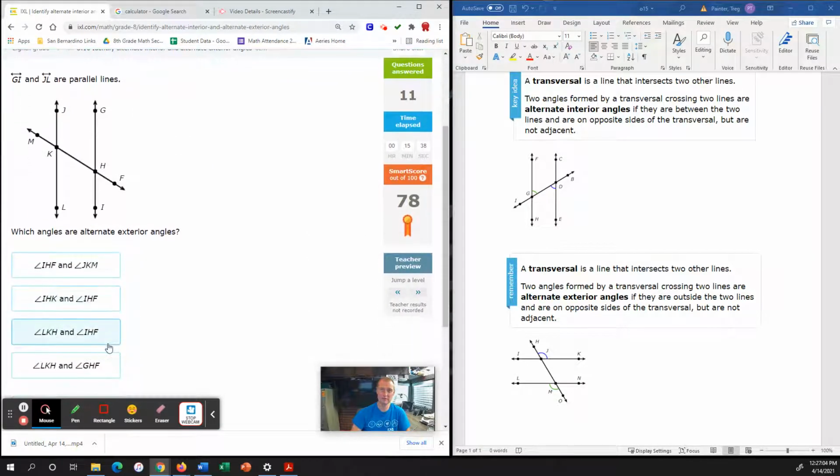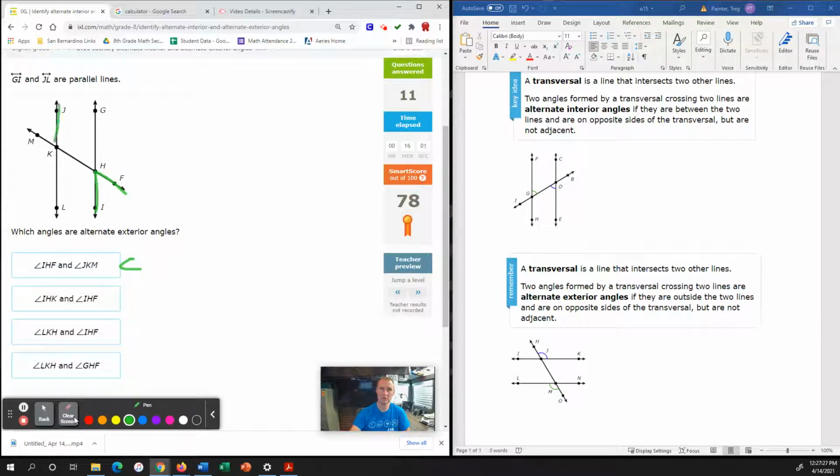Okay, last one. Even I'm stumbling because alternate interior, exterior, so much of it. It can get kind of confusing. But we're only looking for one or two concepts, right? So IHF compared to JKM.